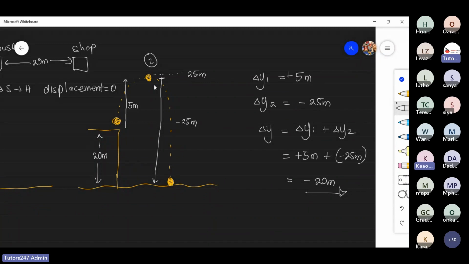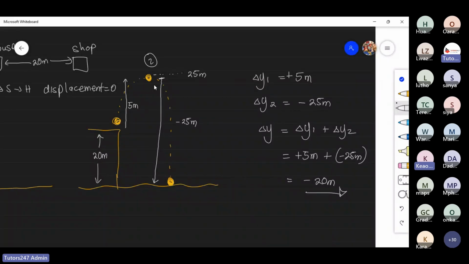So we need to be able to understand what's going on without using actual numerical values, because it's easy to use numerical values. The understanding part is where sometimes it's kind of tricky. If we are given values, +5, -25, we can easily just calculate that. But if we need to understand it, that's when it becomes tricky.